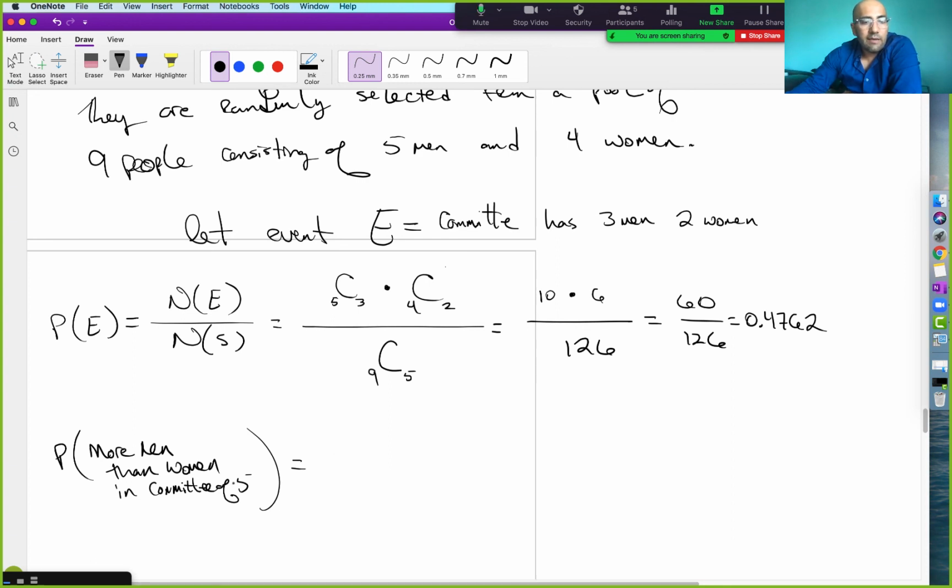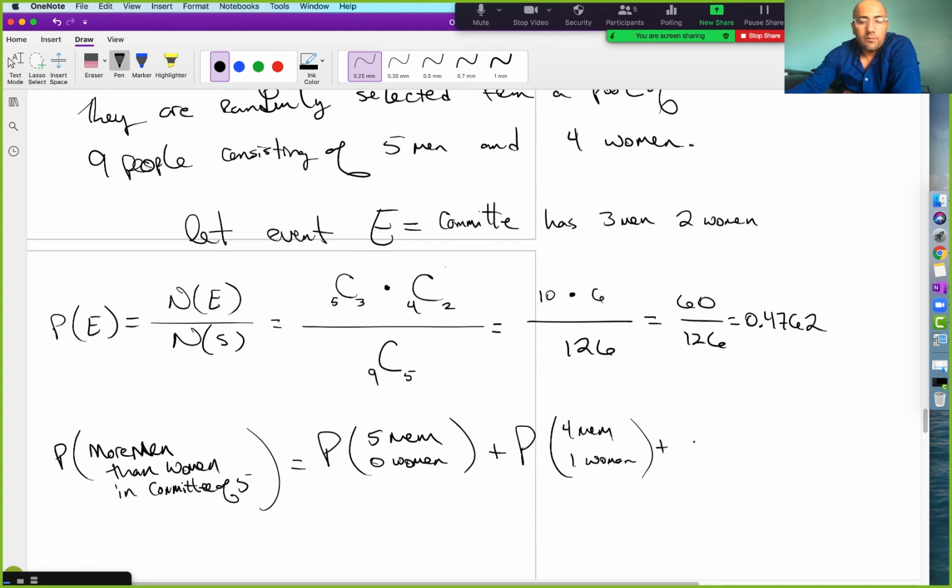How can this happen? There are more men than women. Well, it could be the case that of the 5, there are 5 men and 0 women. That can happen. We were choosing from a pool of 5 men. Or it could also be the case that there are 4 men and 1 woman.